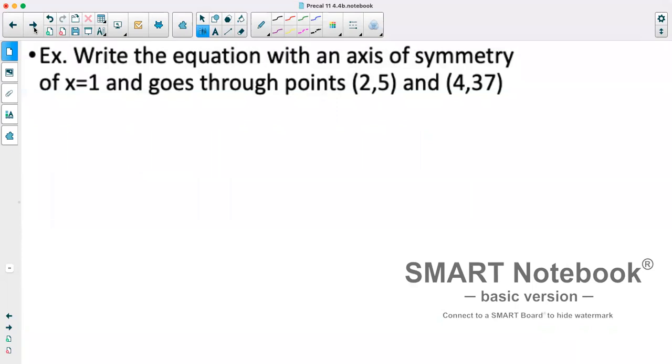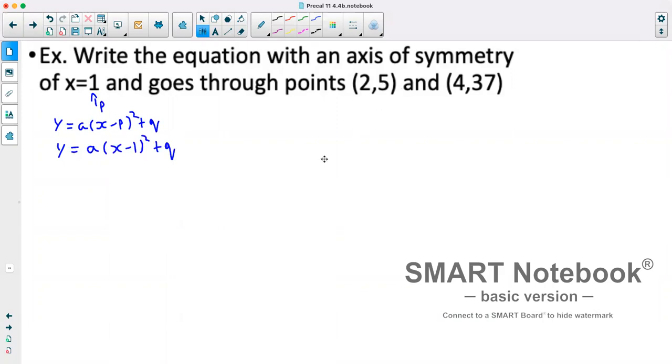Okay, so for example, write the equation with an axis of symmetry of x equals 1 that goes through (2, 5) and (4, 37). So like I said, our axis of symmetry is our p value. So we'd have our general equation y equals a(x minus p) squared plus q. We'll fill in our p value. So we have y is equal to a(x minus 1) squared plus q.